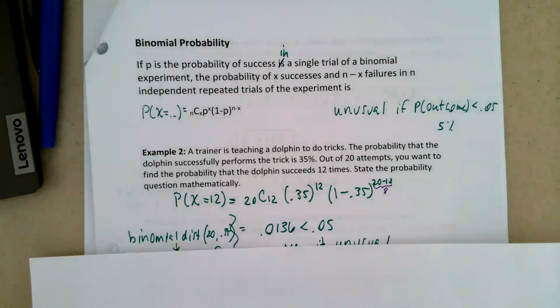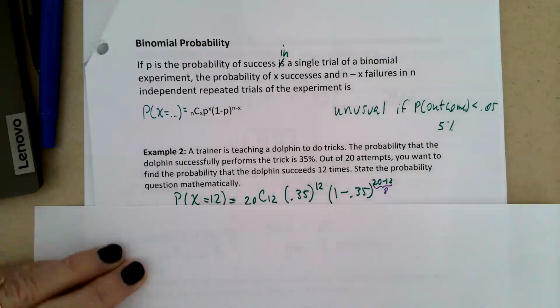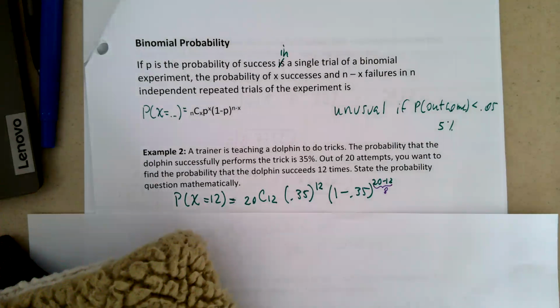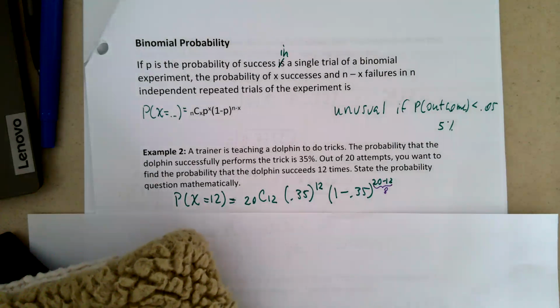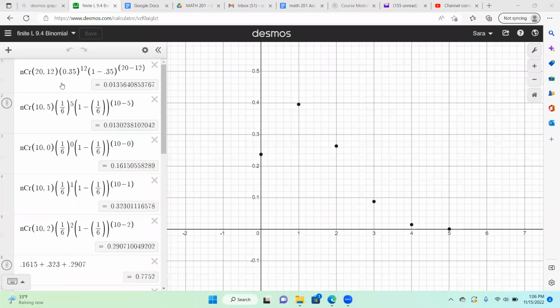So we can put this into Desmos. And the link to the Desmos work is in Canvas. So there you can see at the top, we have 20 choosing 12, 0.35 to the 12, 1 minus 0.35 to the 20 minus 12.